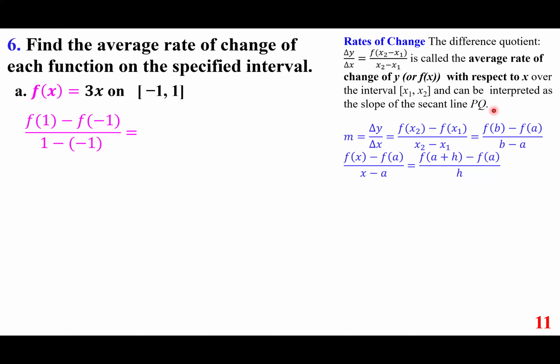So f of 1 would be 3 times 1 minus 3 times -1. The denominator obviously is 1 plus 1, or 2.